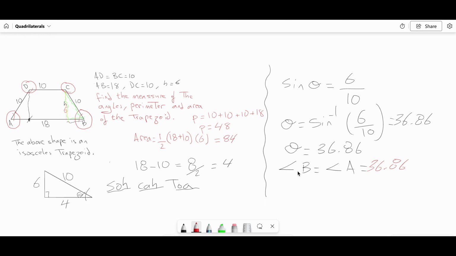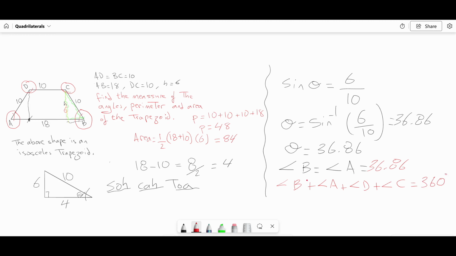Now, we know that in any quadrilateral, the sum of all the interior angles is equal to how much? To 360, right? So we know that angle B plus angle A plus angle D plus angle C should be all equal to 360 degrees, right?